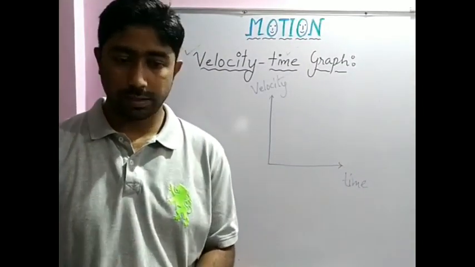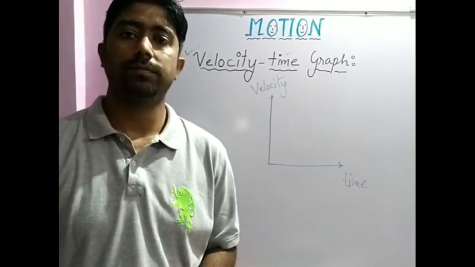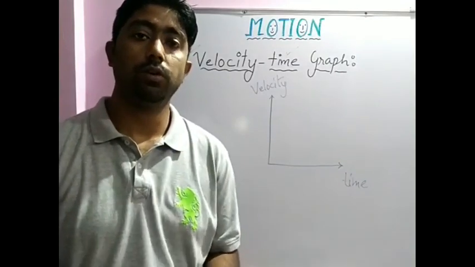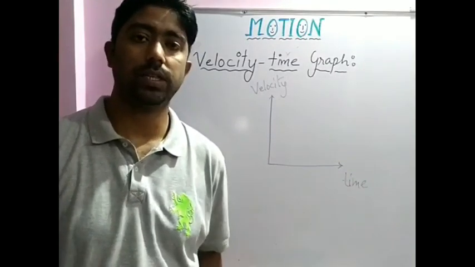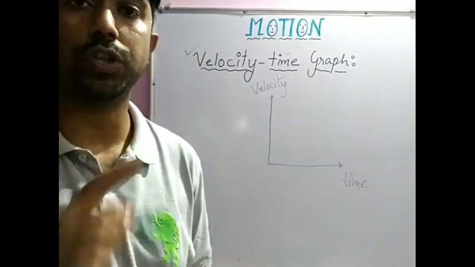Now the question is, what will be the type of graph if we consider uniform motion? The word is uniform motion.